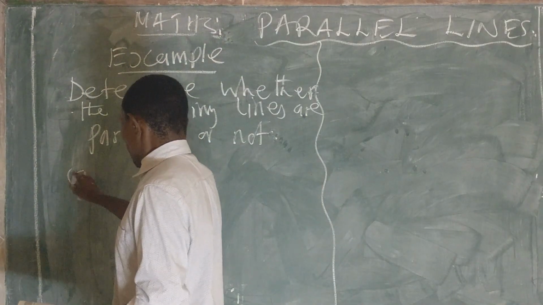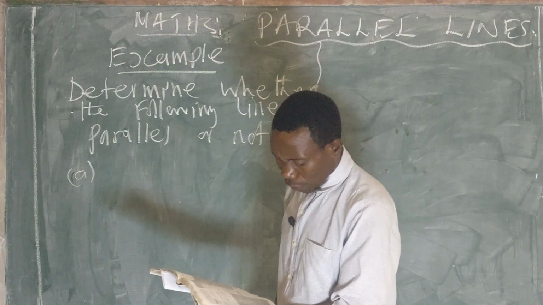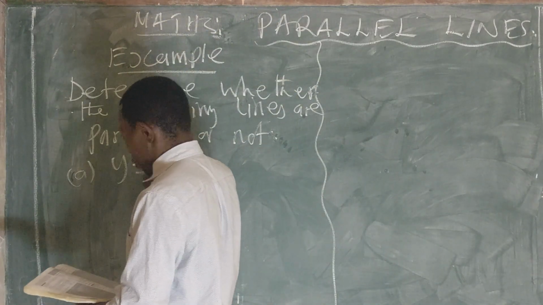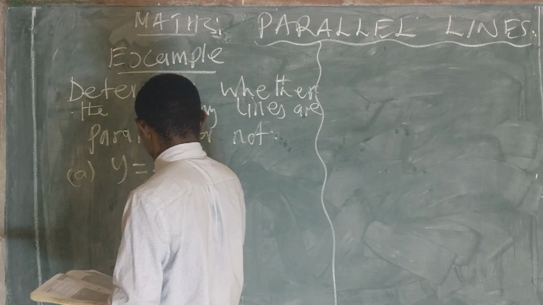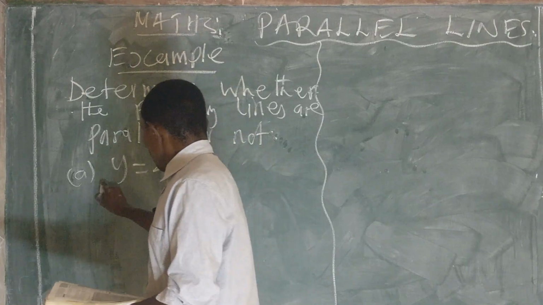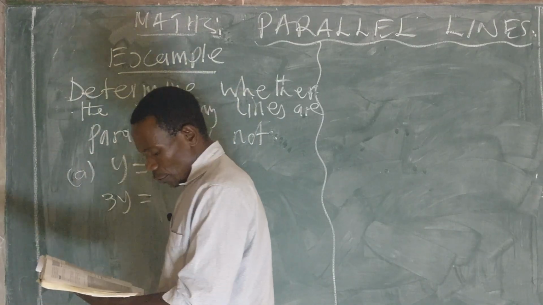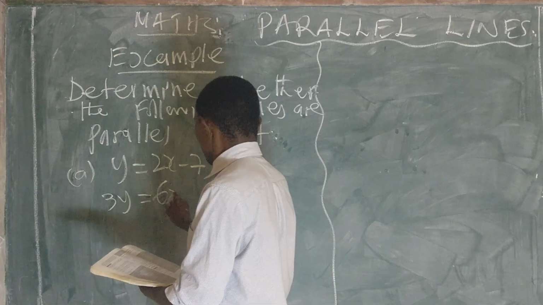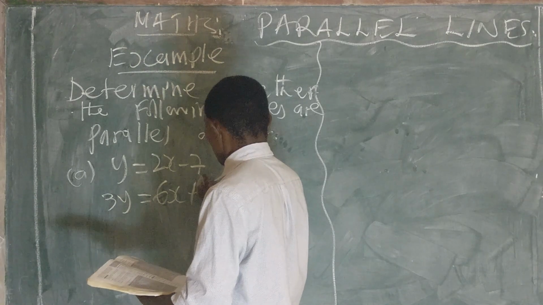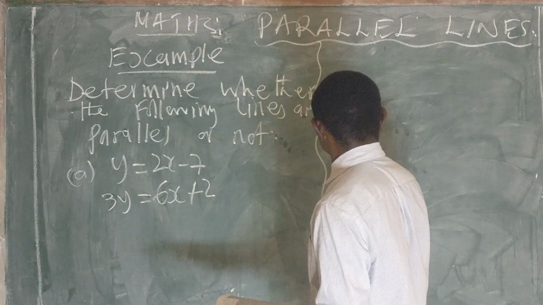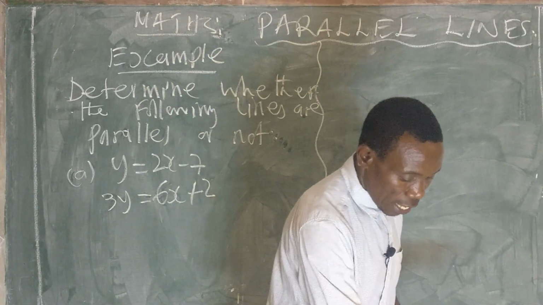The first pair has the line y = 2x - 7 and 3y = 6x + 2.